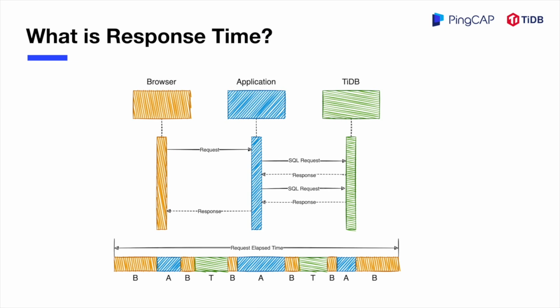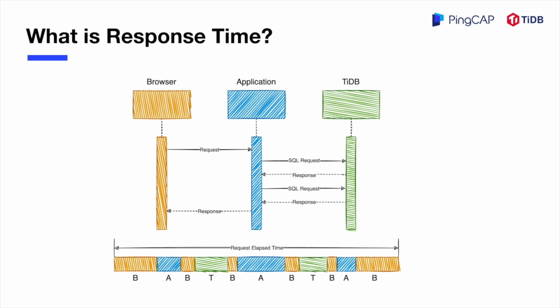To ensure we are all clear on the concept, let's refresh our understanding of the definition of user response time and then answer the question, where has the time gone? For different people, user response time has different meanings. For a DBA, it may mean the query duration of SQL processing in the database.